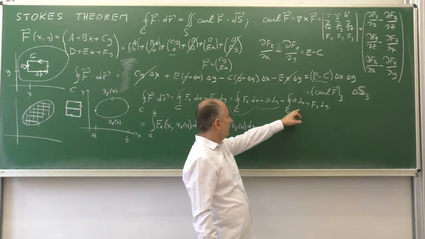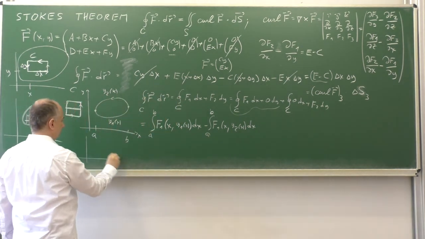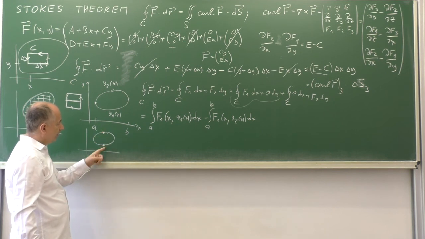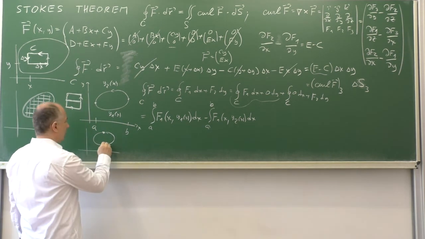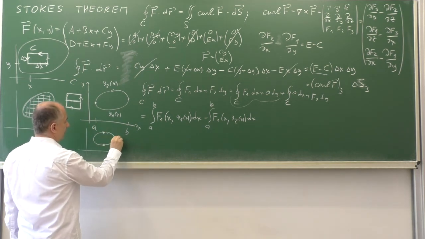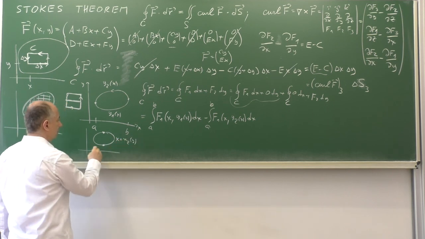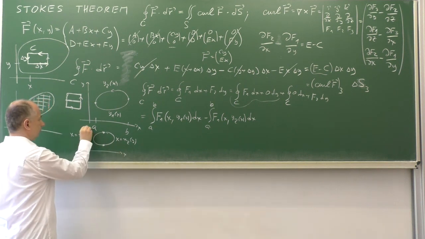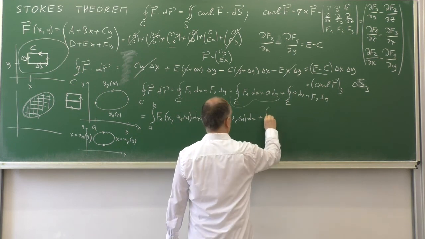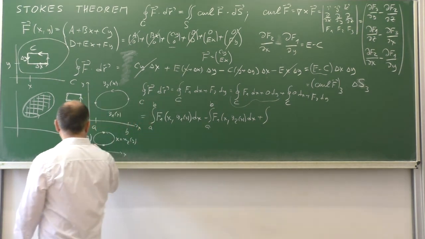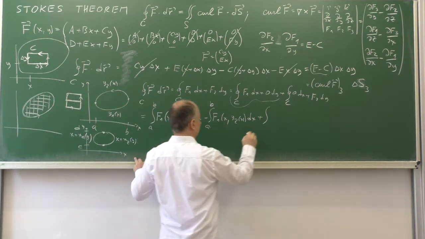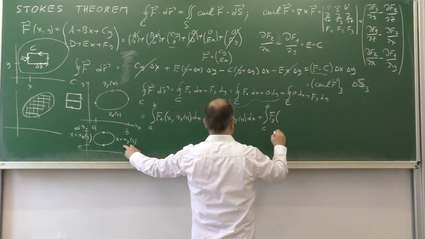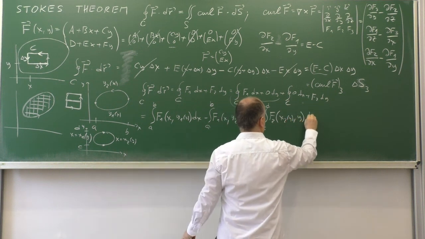And similarly, for the second integral, if we consider this line divided by these two points into the right-hand side and left-hand side part, and if we call this curve a graph of a function x is x2 of y, and the left-hand side x is x1 of y, then y goes from some c to some d, and we evaluate f2 at x2 of y, y, dy.